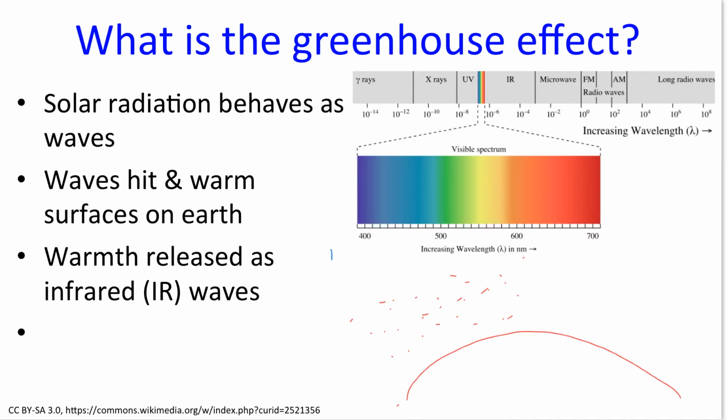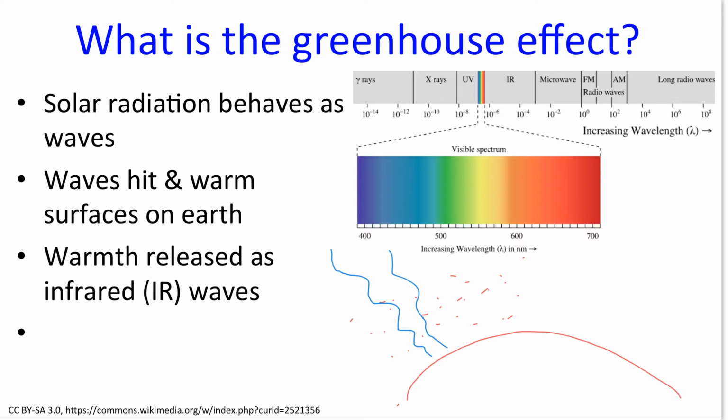And so we're going to have blue sunlight, waves are going to come down, travel through, not be interfered with, and reach the Earth. When they hit the Earth, this is going to cause warming. And this shouldn't be a surprise. If you've ever laid out in the sun, then you felt your body warm up. The same thing is happening here on the Earth's surface, or whatever objects are lying on the Earth's surface.